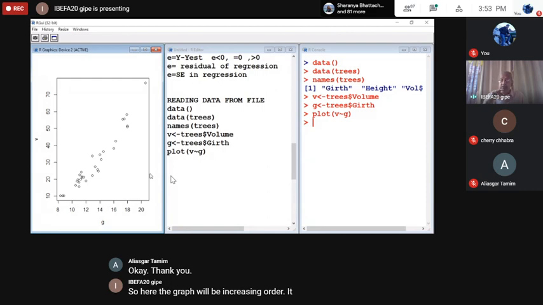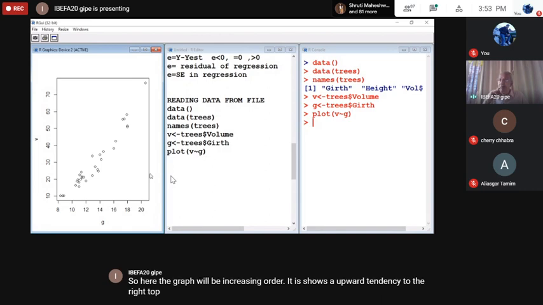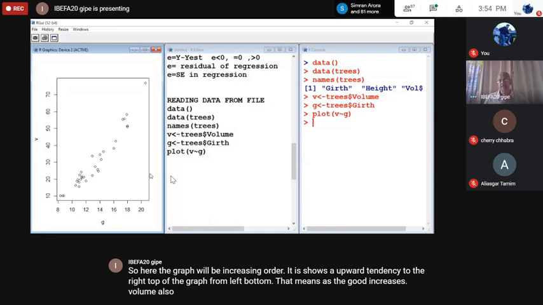It shows an upward tendency from the left bottom to the right top of the graph. That means as the girth increases, volume also increases.